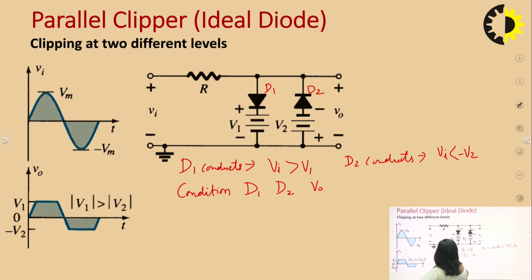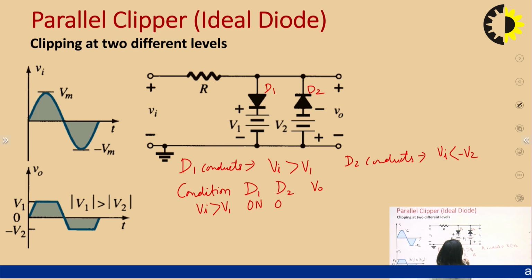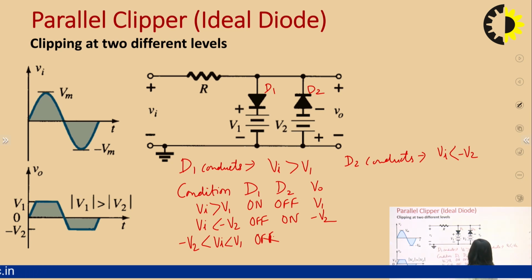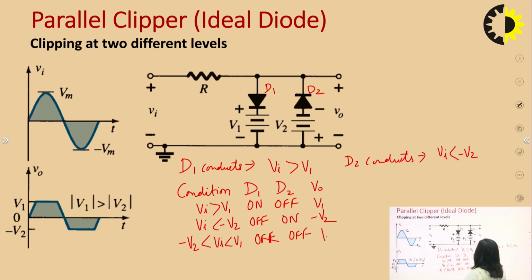When Vi is greater than V1, D1 is on, D2 is off, output is equal to V1. When Vi is less than minus V2, D1 is off, D2 is on, output is equal to minus V2. And when Vi is less than V1 and greater than minus V2, both are off, so output would be equal to Vi.